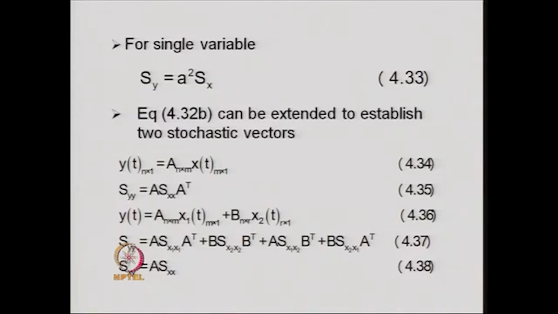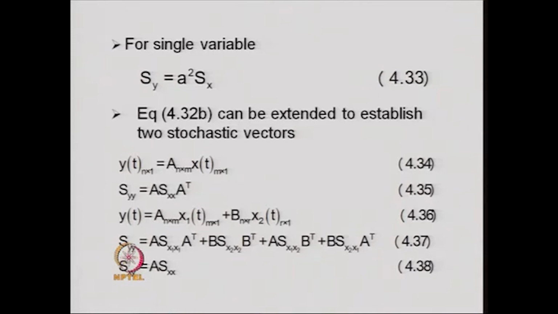If the vector x t contains x1, x2, x3 and so on, and we construct a power spectral density function matrix for this vector of random processes, which will be called Sxx, and if that is given to us, then we can find out the power spectral density function matrix for the y vector, consisting of a number of random processes y1, y2, y3 and so on.